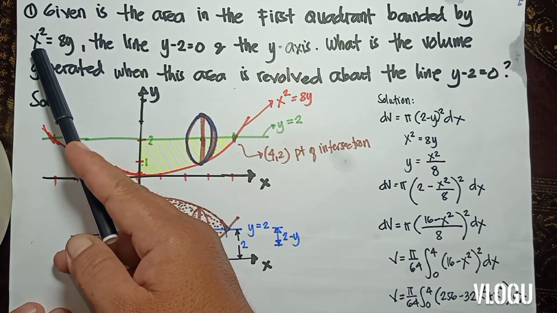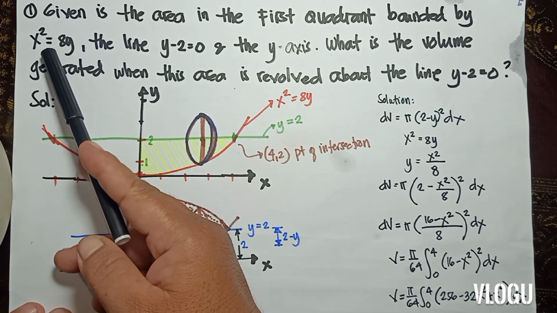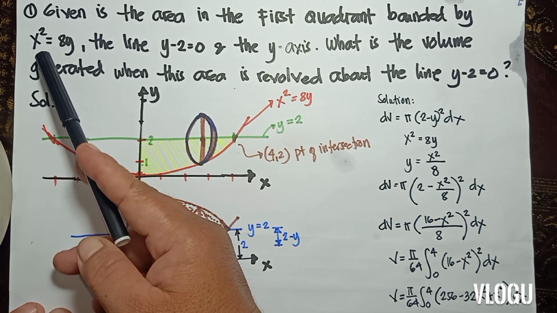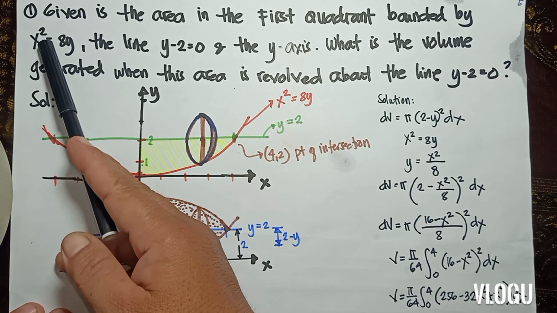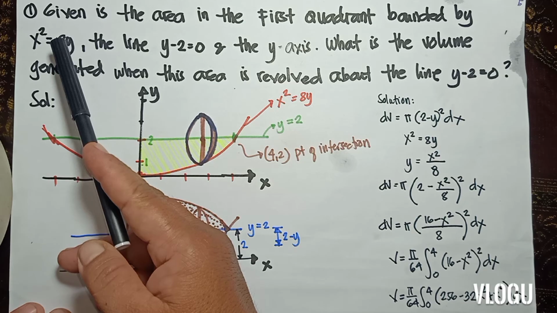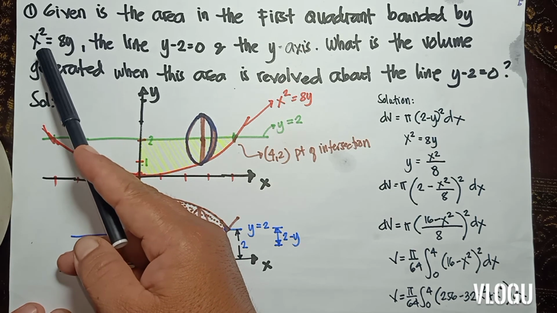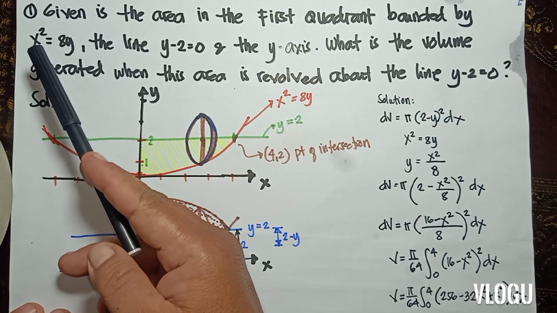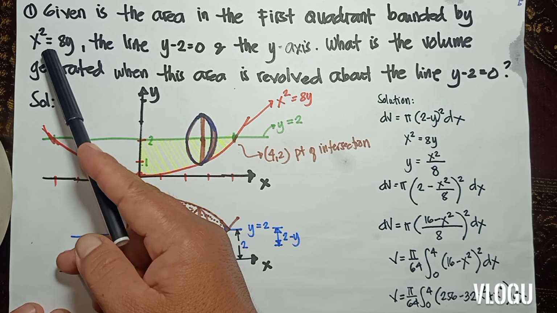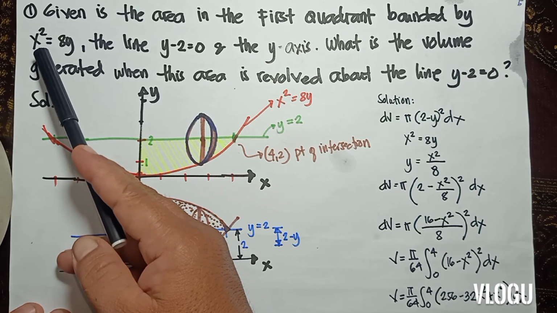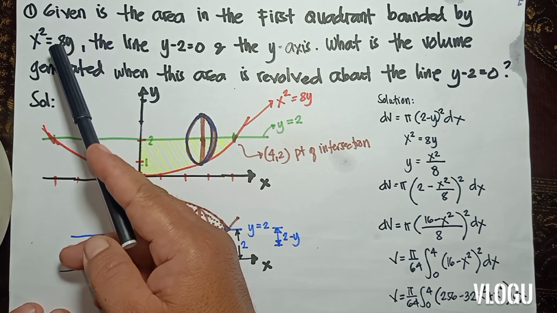So what is now the type of parabola? Is it facing upward or facing downward? If x squared is equal to positive, that is facing upward. If you have x squared equal to negative, that is facing downward. So in our given, this is a parabola that is facing upward.